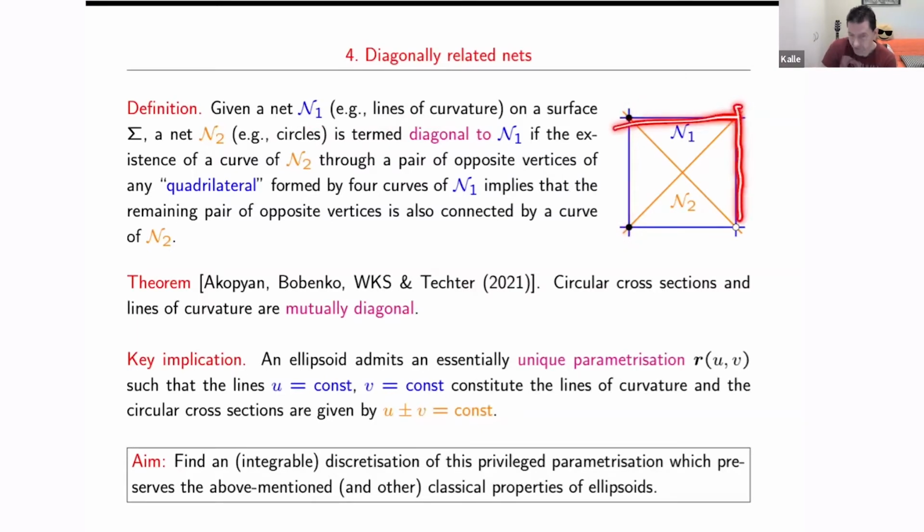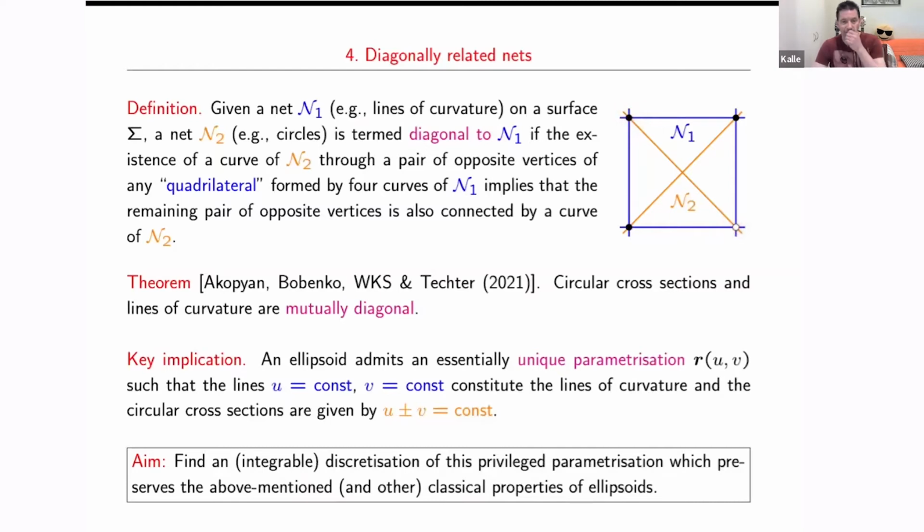Then I can take this point of intersection and draw a unique curve of that second net, say a circle, which is going to intersect my line of curvature here. There's a unique line of curvature going through this point, but there's no reason to believe that there is a circle which passes through this point and that point, right?